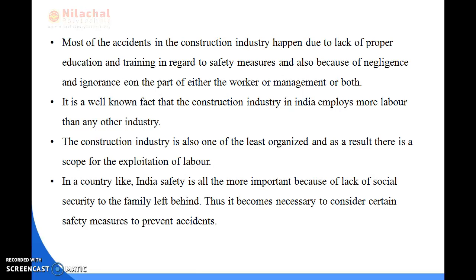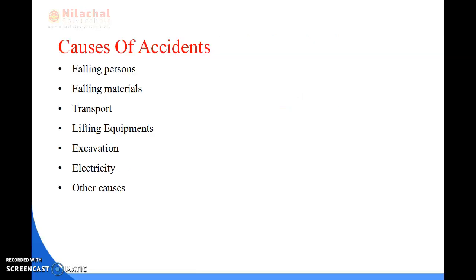The construction industry is one of the least organized, and as a result there is scope for exploitation of labor. In a country like India, safety is most important because of the lack of social security for the family left behind. Thus, it becomes necessary to consider certain safety measures to prevent accidents.